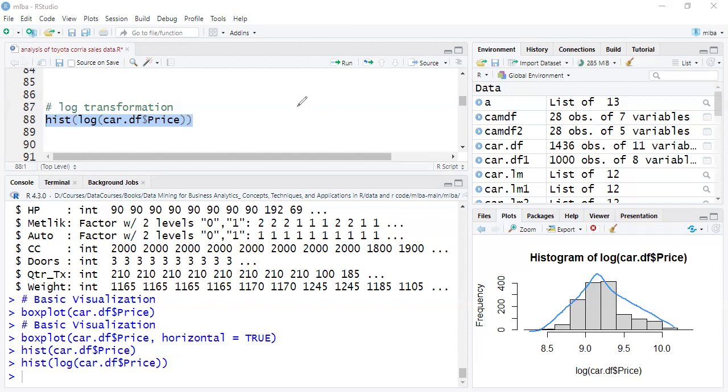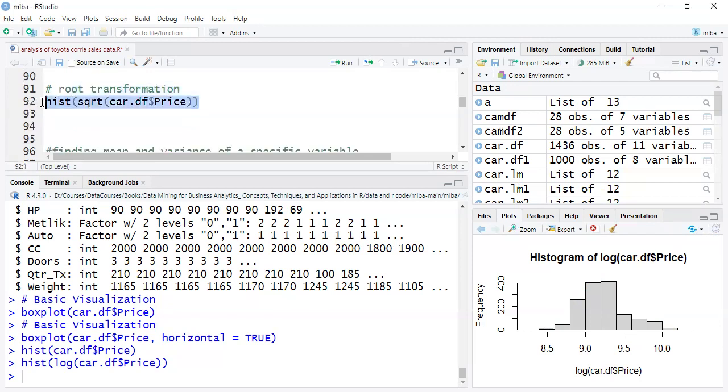If there is skewness in your data, then you can take the transformation and make the data symmetrical. So it is symmetrical right now, while previously it was right skewed. Is it clear to all of you? What is the purpose of transformation?